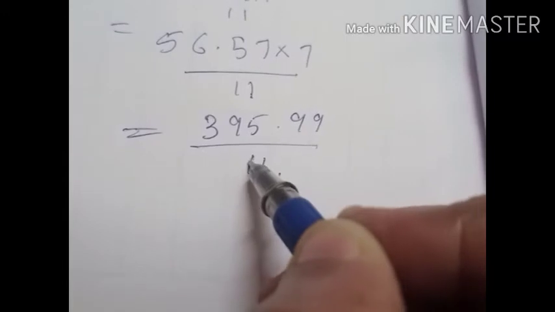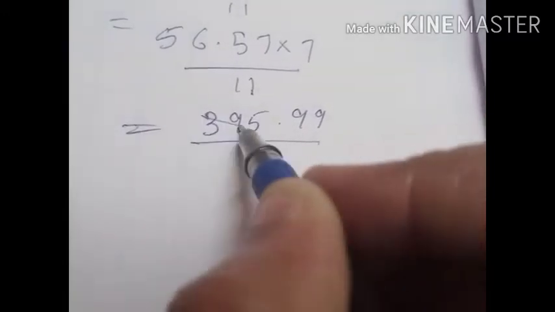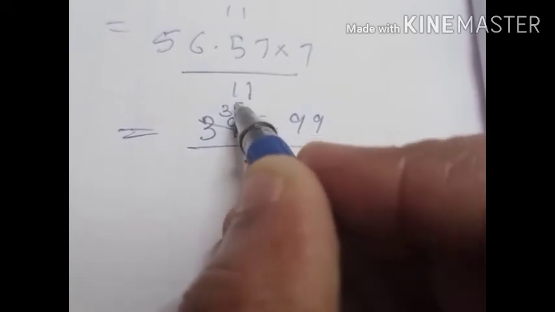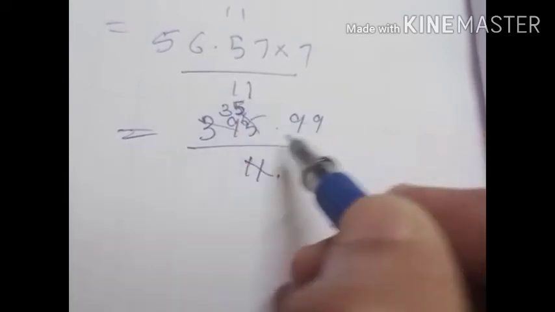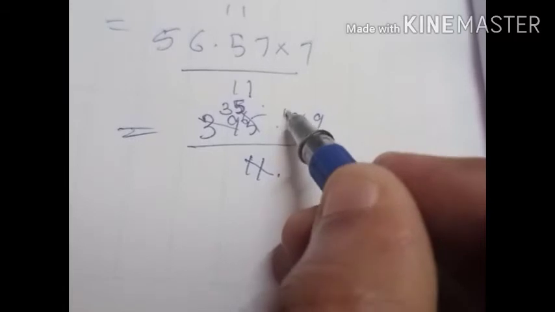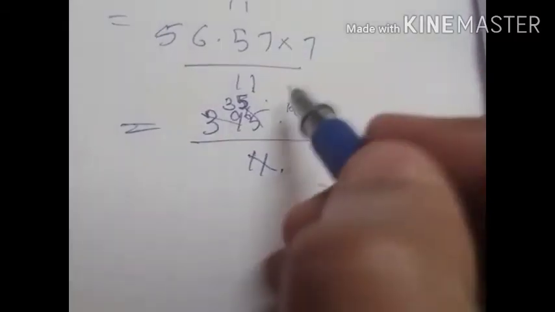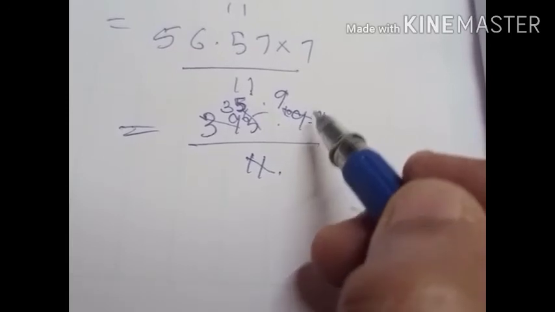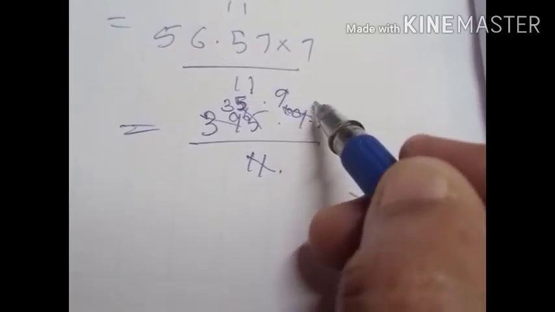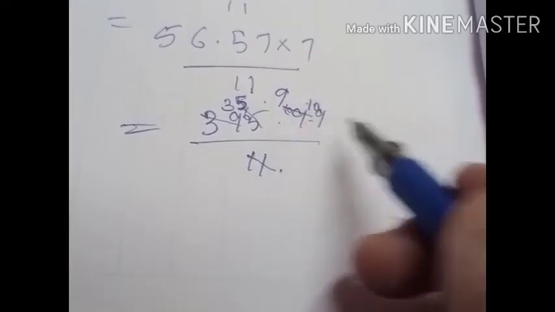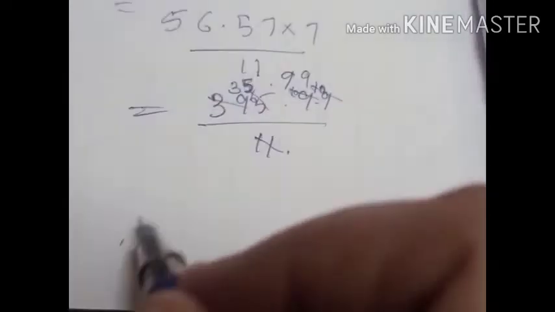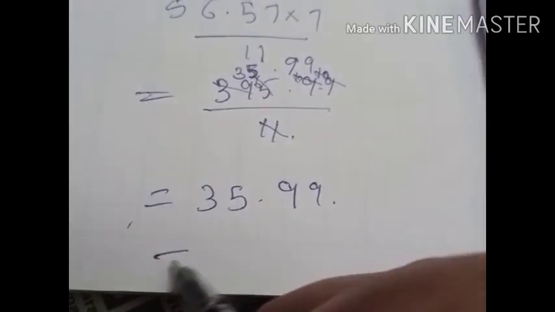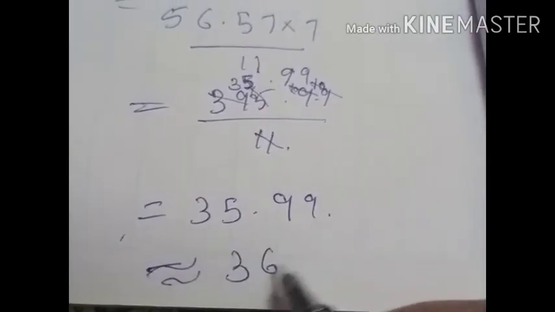We can again use the cutting method. 3 11s are 33, remaining 6, 65, 5 11s are 55, then remaining 10, in 109, 9 11s are 99. So we will get 35.99, approximately 36.